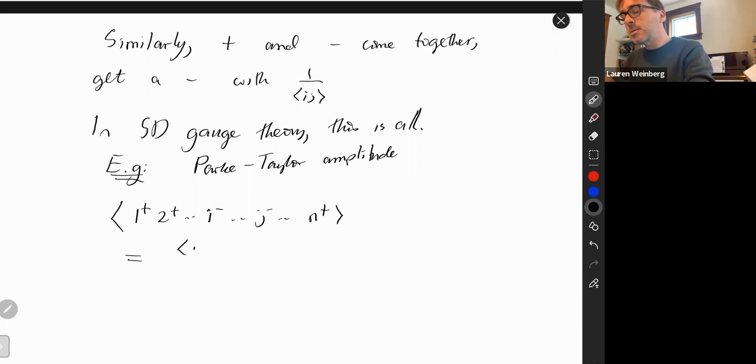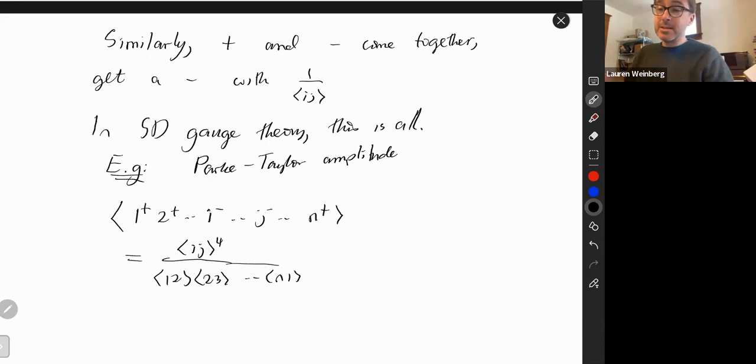This is ij to the 4th over 1 2, 2 3, and so on to n 1. And you can see exactly these poles appearing. When two positive helicity states come together, I get a pole, and I can replace them with one state. I'm suppressing the color factors here, so there are some permutations.